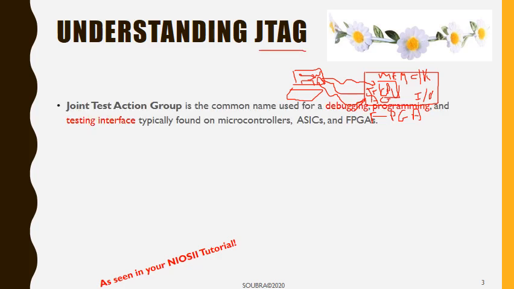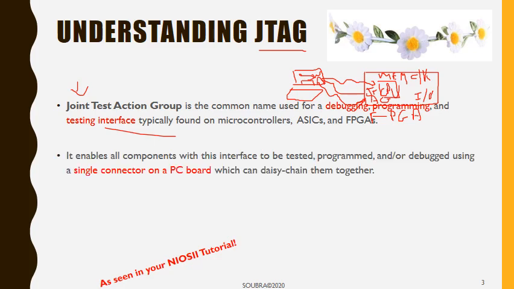So the JTAG interface is short for Joint Test Action Group, and this is an interface that we use to test, debug, and program different microcontrollers, processors, FPGAs, ASICs, boards, etc. And the whole idea is to have one single connector on a PC board. So it's connected in a way that we call a daisy chain.